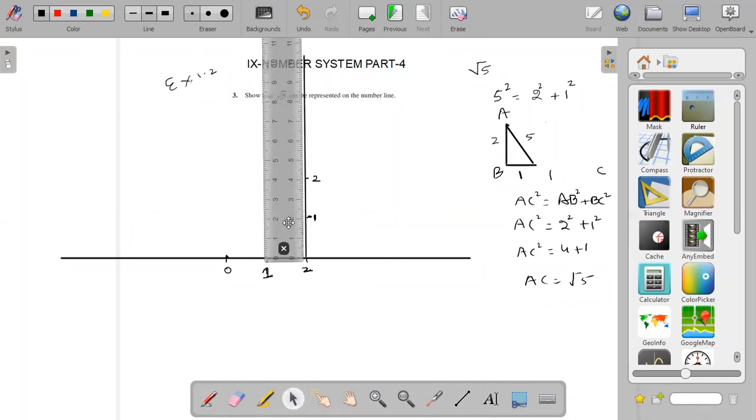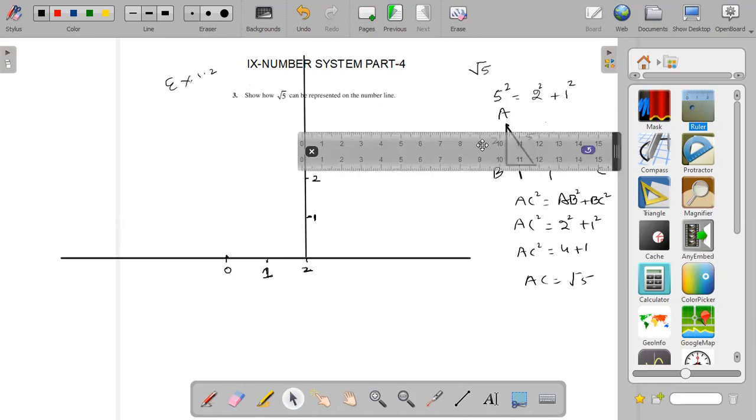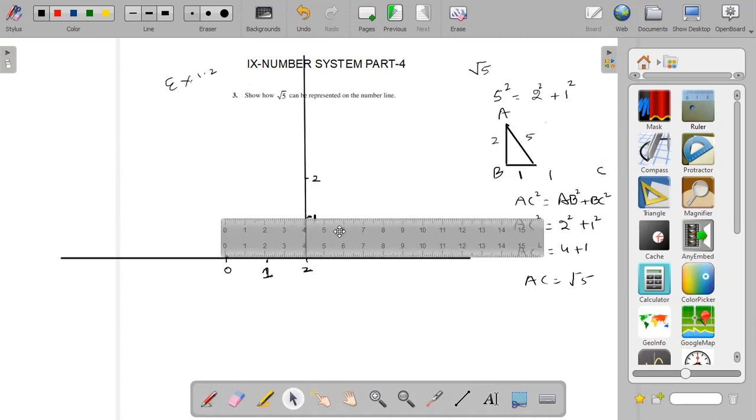Okay, got it? Other numbers you can draw, 3, 4. You should draw them actually. I'll do it again. So here 0, 1, 2, 3, 4, 5.